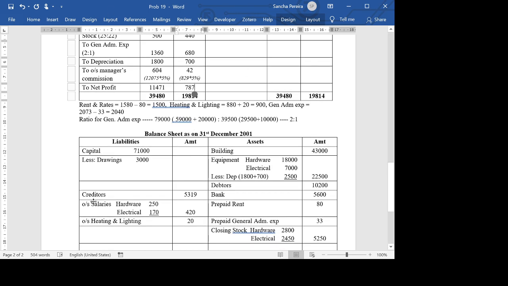Now, this will have two adjustments: outstanding manager's commission. It will also come because it's still payable. So in the balance sheet also I need to show the outstanding manager's commission. You can show it separately department wise.